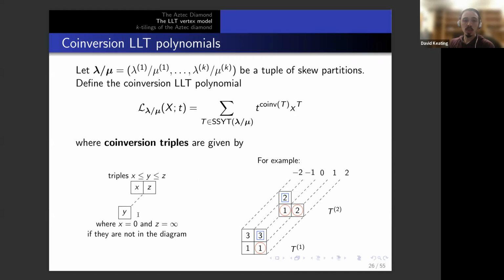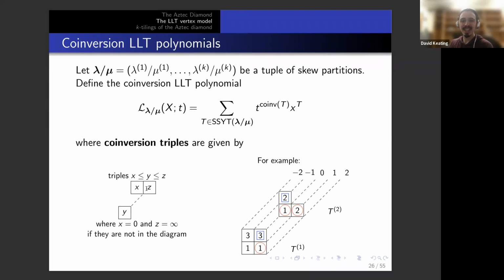And then we're going to look for triples where x is less than or equal to y, less than or equal to z, where x and z are in the same shape and they're next to each other, and y is in a lower shape, so an earlier shape in the tuple, and along the same content line as z. So for example, here we have x is 1, less than or equal to y is 1, less than or equal to z is 2. So this gives us one coinversion triple.